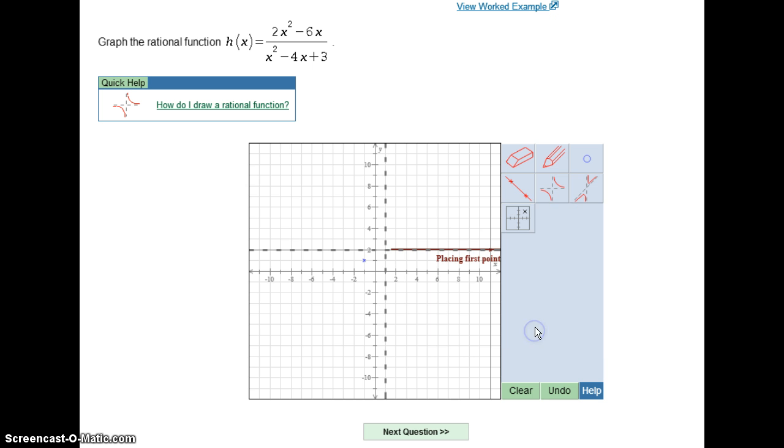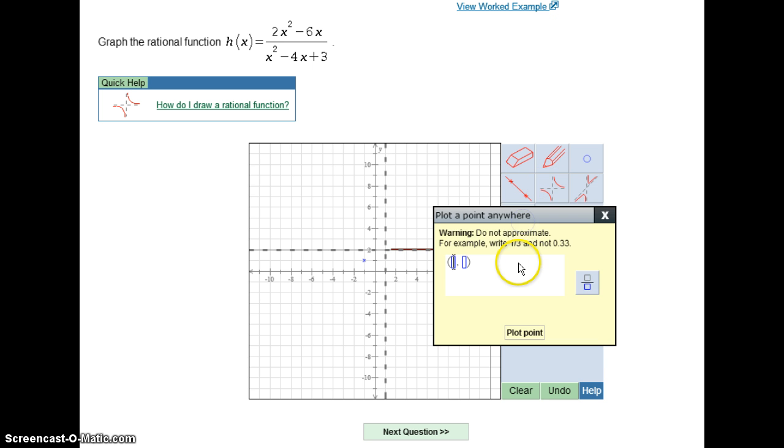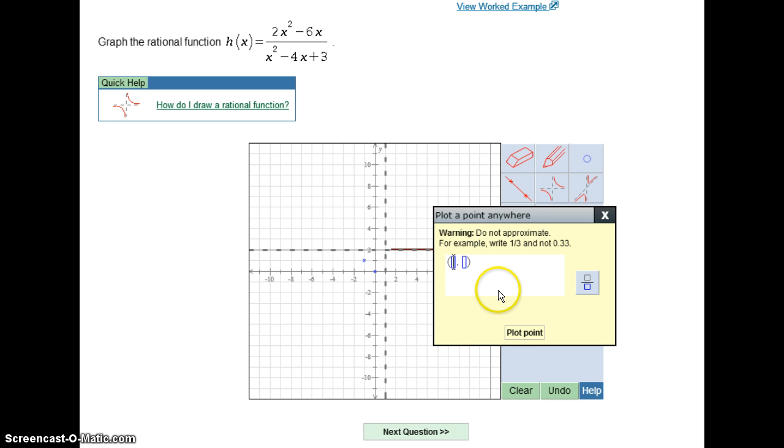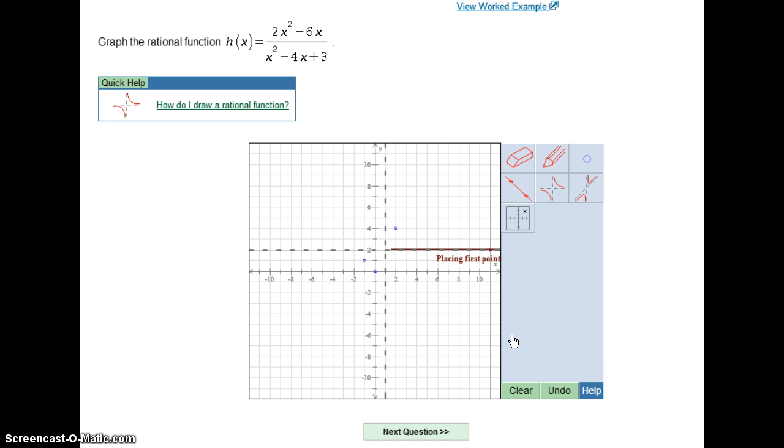So I plot that point. Another point is 0, 0. To the right of my asymptote, I have an ordered pair of 2, 4. And 5, 2.5.